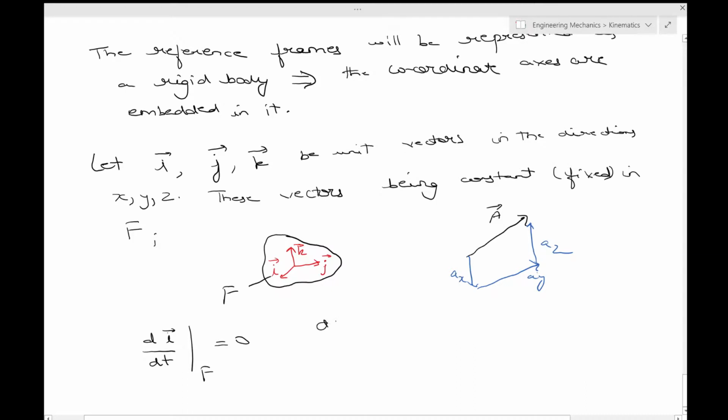Similarly, dj by dt in the frame of reference is equal to 0 since they are fixed, and dk by dt is also equal to 0.